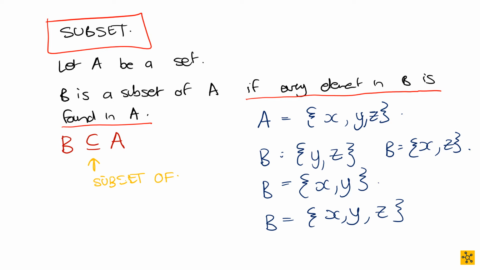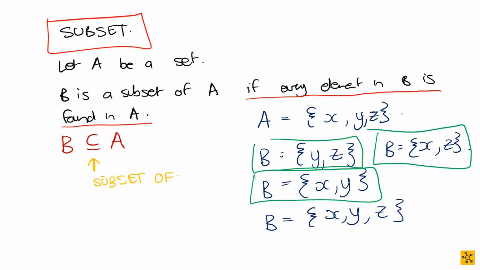Now, one of the other things just to note is that it's a proper subset, and the term proper subset is basically when every element of B is found in A, but it's not actually repeating A, the entire set of A. So by that we mean A contains at least one element that is not in B. In other words, these ones here are proper subsets because in each of those, A contains at least one element that is not in them.